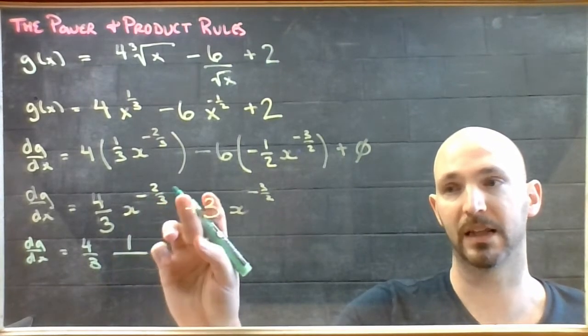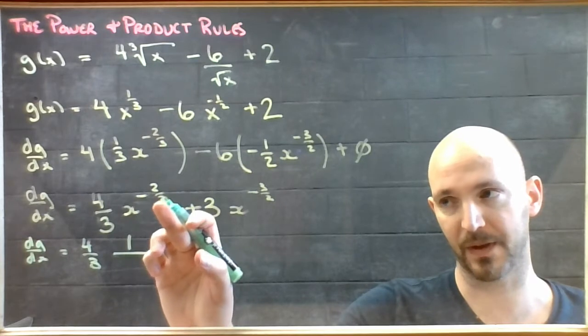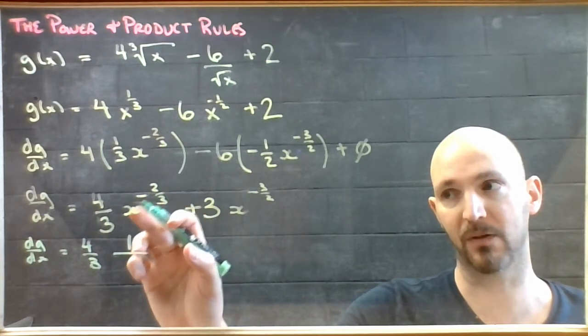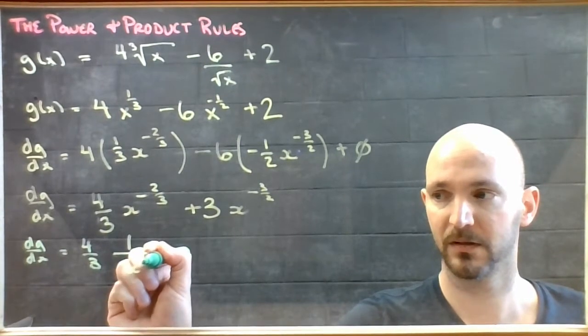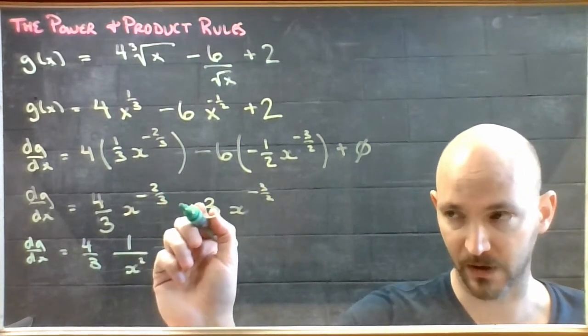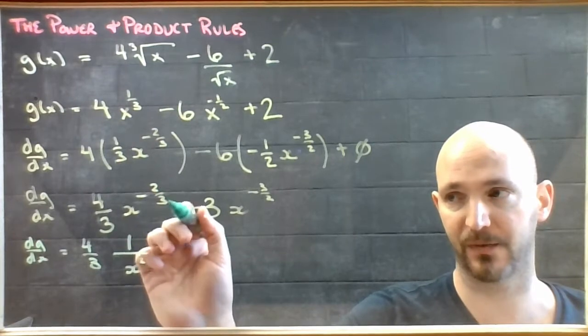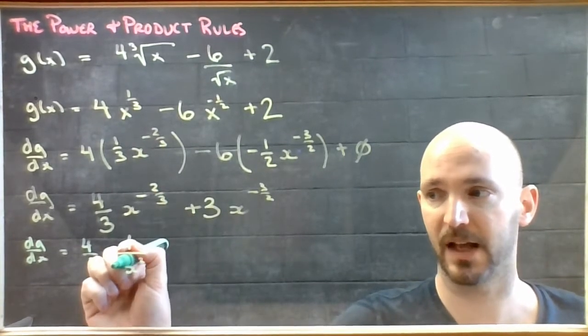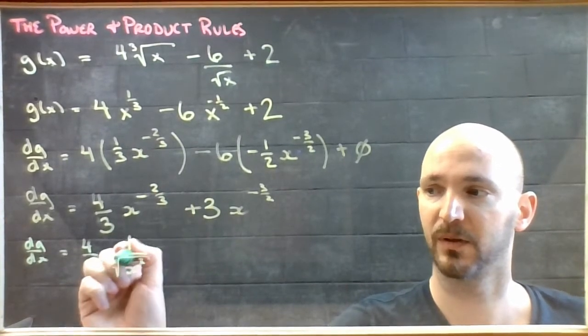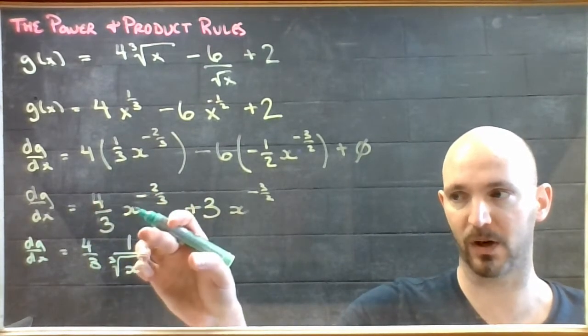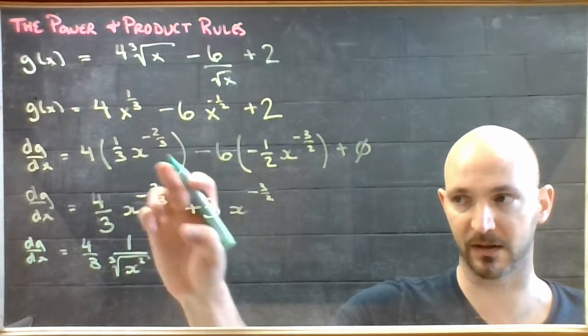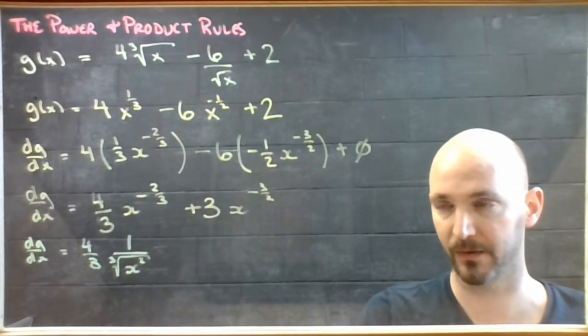The way you read this is without the fraction part there, that would be x squared, right? X to the 2. But it's attached to a 1/3 here in the exponent, and that's cubed roots. So this term is 4/3 of 1 over the cube root of x squared. That's what that thing is worth.